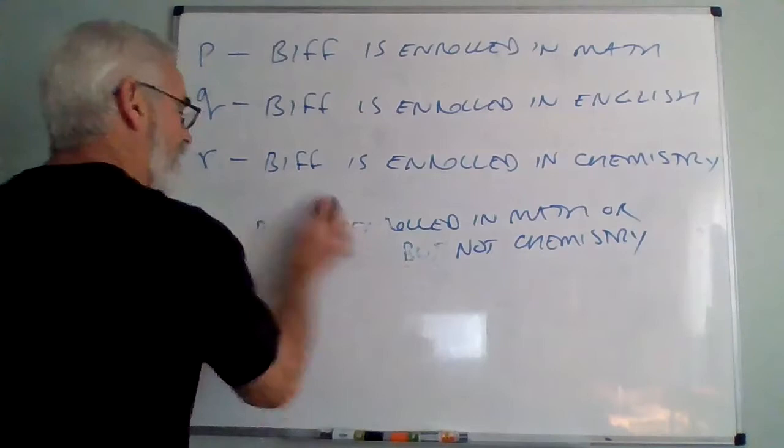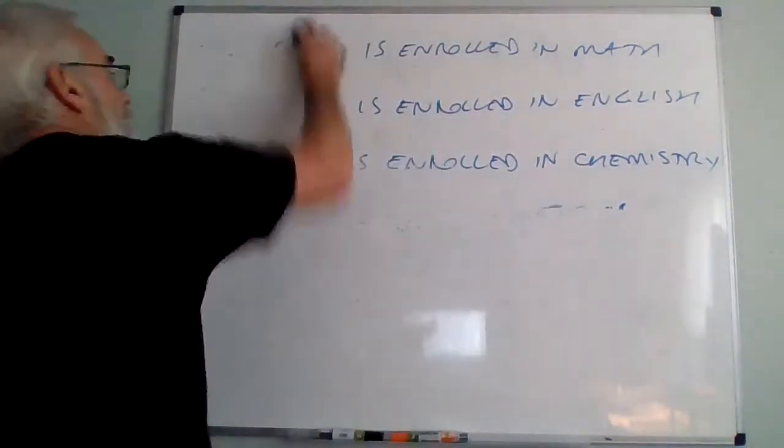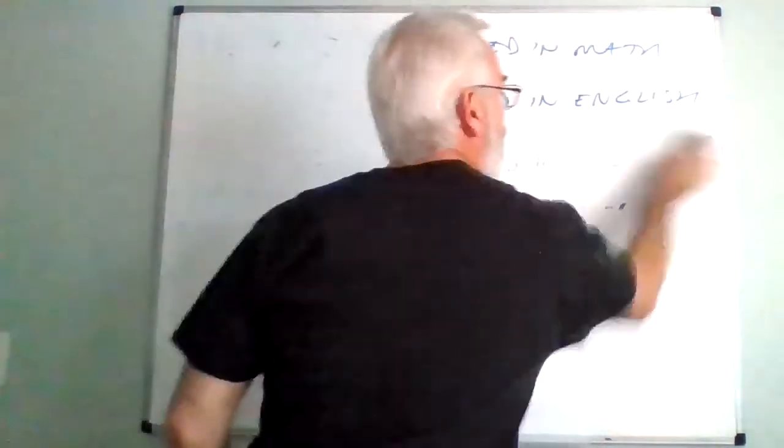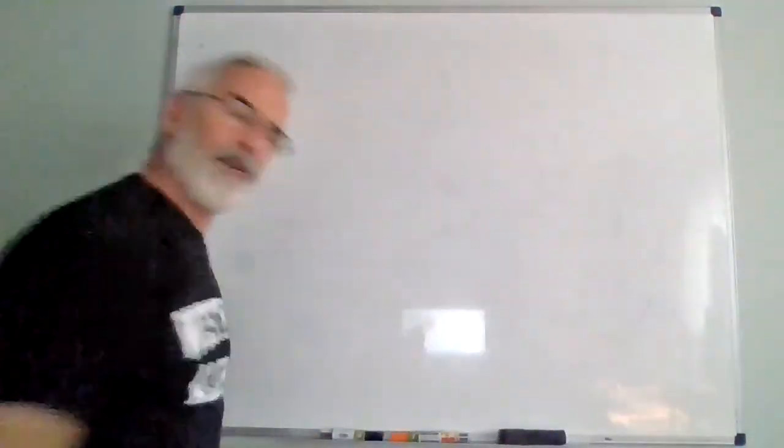Now I'm going to introduce something that's a very, very powerful tool for this in general, and it's called a truth table. Now, most of you have probably never seen one. I think the only area I've ever heard of truth tables being introduced is actually in philosophy, strangely enough.